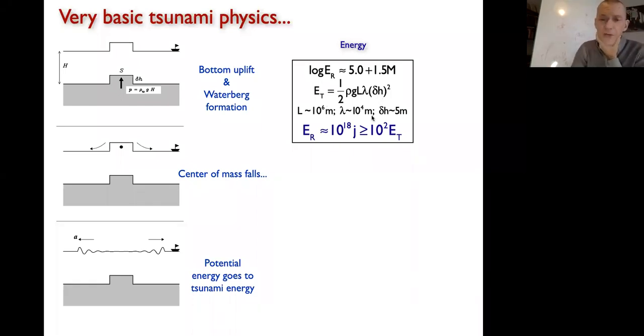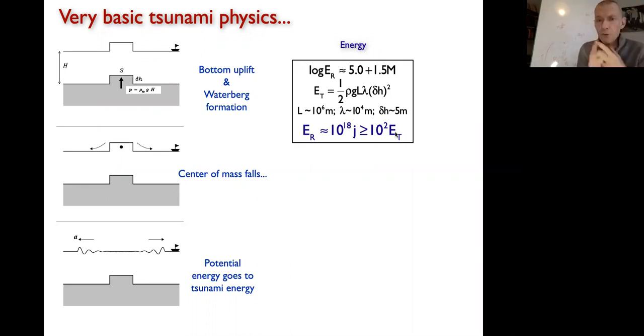If you put the numbers related to a magnitude 9, what you get immediately is that the total energy involved, remember also the seismic efficiency, is at least 2 orders of magnitude larger than the energy that can be converted in gravity waves.